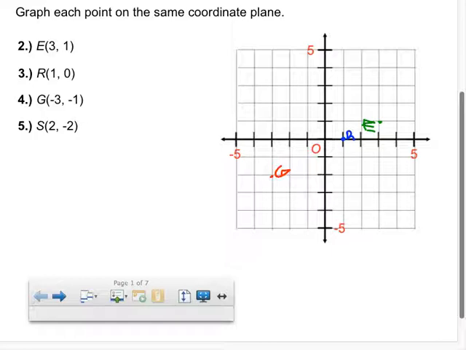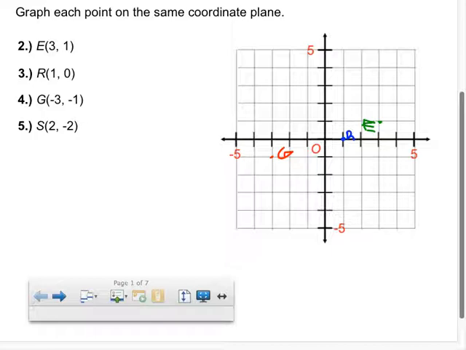So what point did Athila just graph? So again, you have the x-coordinate correct. It's -3, -2 where you're at, but we want it to be -1. So if we go 1, 2, 3, that's -3, and then we drop 1 level, that right there would be G.